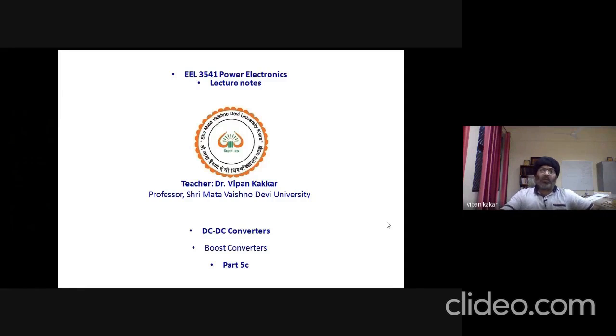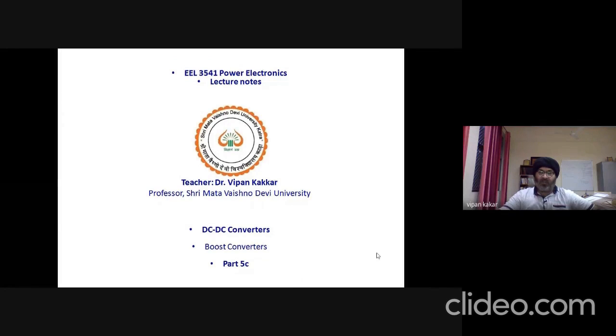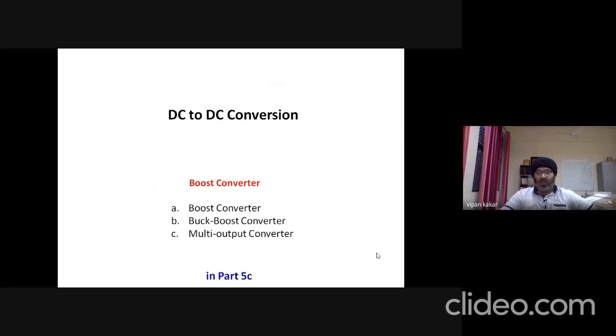All right. So let's start with the next section on DC to DC converters, which is boost converters in part 5C. In this section on boost converter, we'll be discussing the basics of boost converter with mathematical derivations.